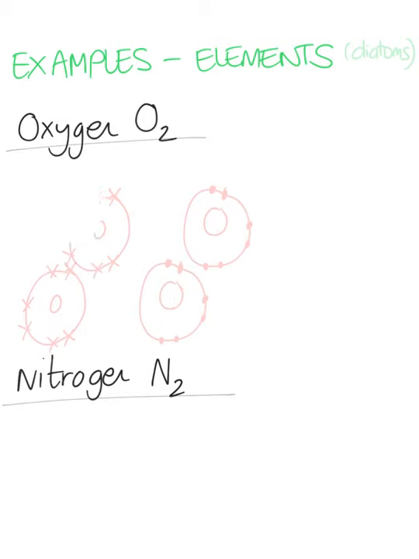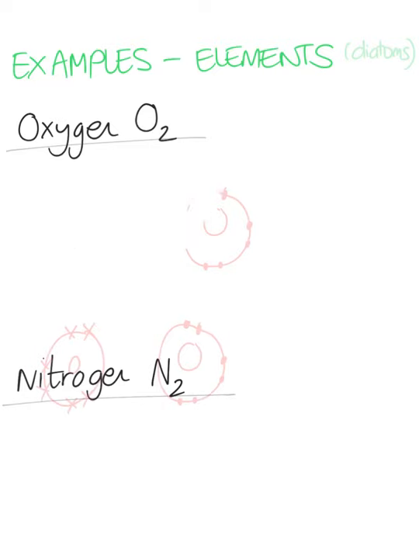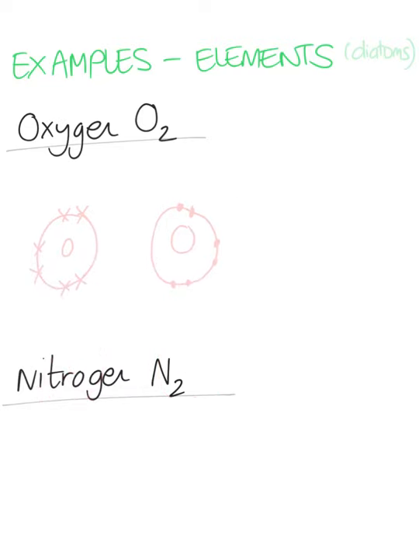Rather than just wanting to share 1 to fill its shell, it's actually going to need to share 2, because each atom has 6 electrons and needs 2 more electrons to fill its shell.